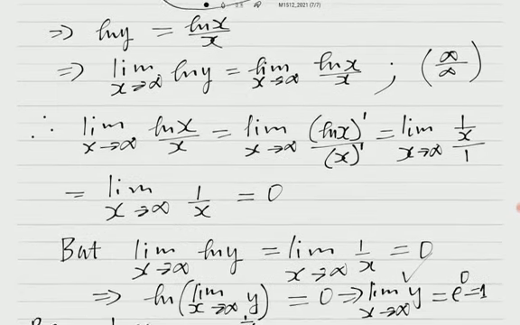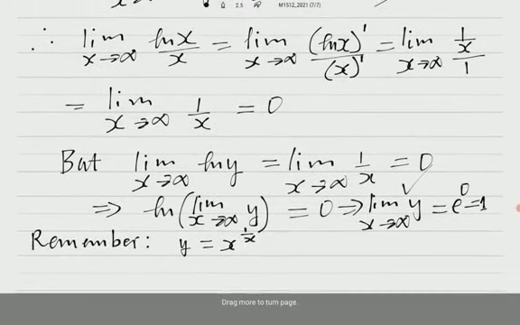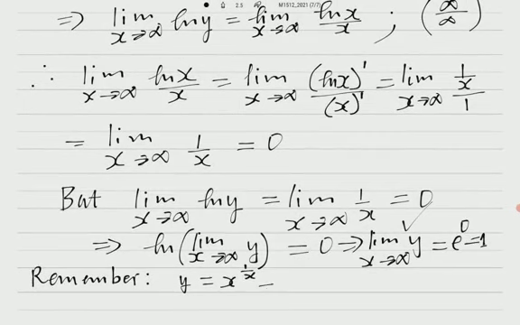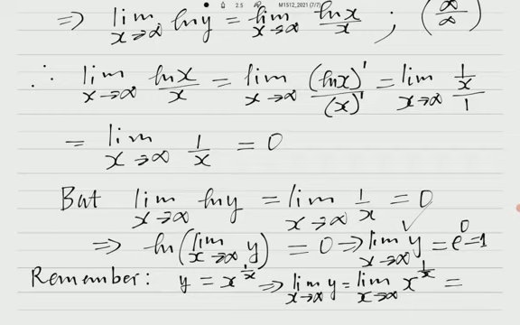So it means the limit we have just found, which is the limit of y as x goes to infinity, is the same as finding the limit of the problem we're looking for as x goes to infinity, which is x to the power 1 over x, which is nothing but 1. There we go. We've got it.